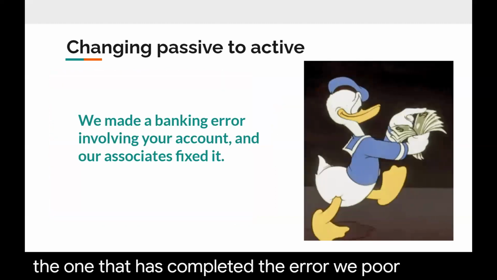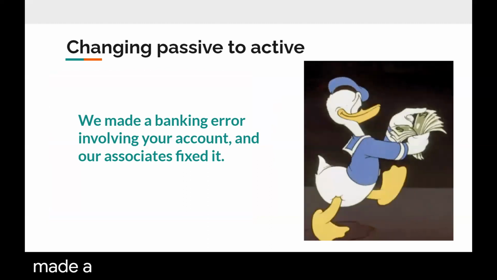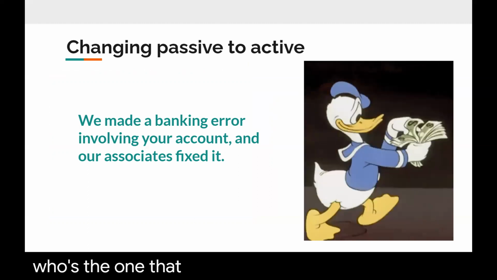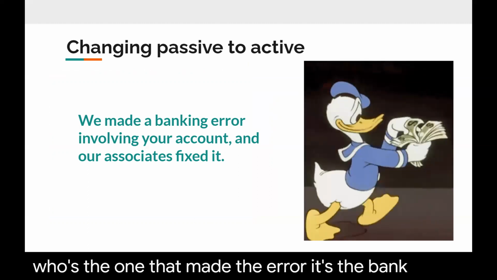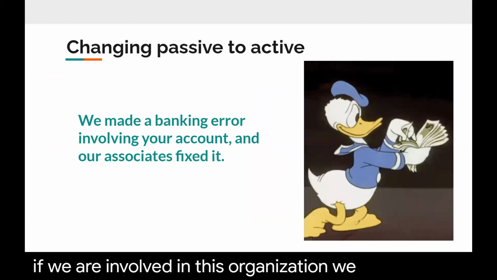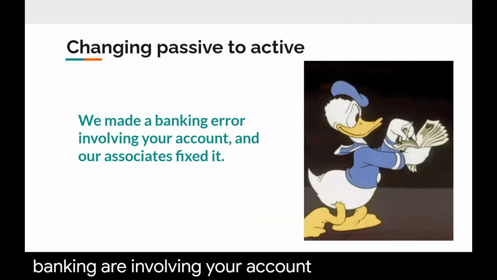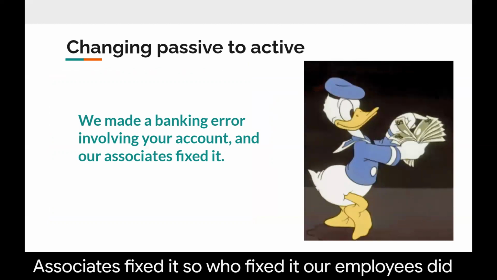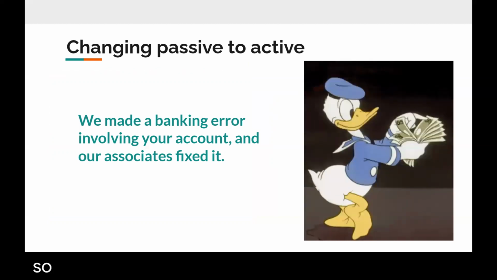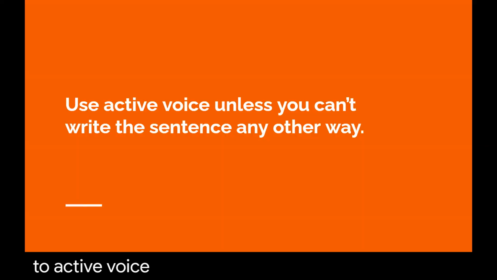We, or the bank, made a banking error involving your account. So now who's the one that made the error? It's the bank, or we, if we are involved in this organization. We made a banking error involving your account, and our associates fixed it. So who fixed it? Our employees did. What did they fix? They fixed your account. So that is another example of changing passive voice to active voice.